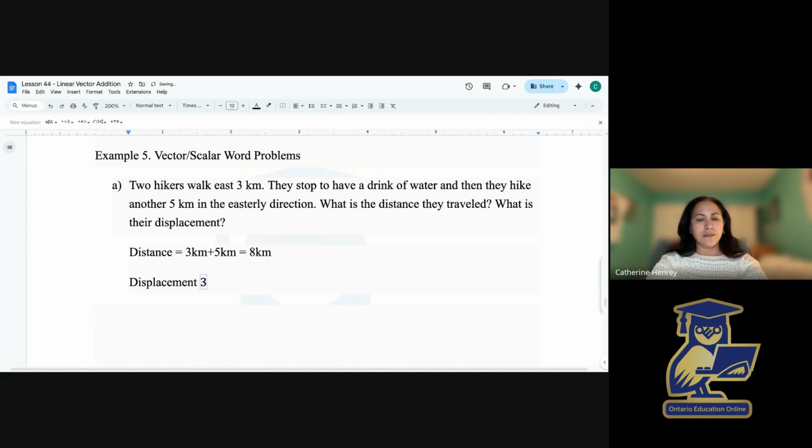So let's use 3 kilometers east plus 5 kilometers east, and that's going to give me 8 kilometers east. So in this example, the magnitude of each distance and displacement is 8 kilometers, but the displacement being a vector quantity really needs to have that direction of east.